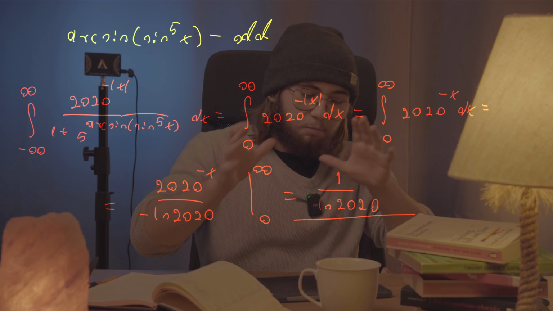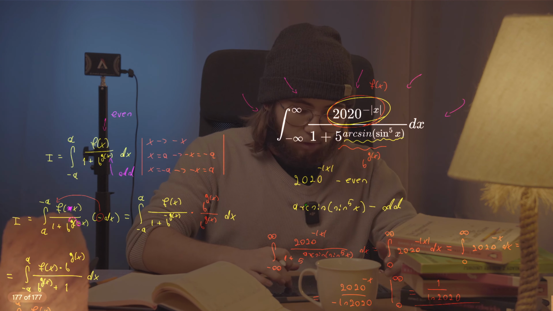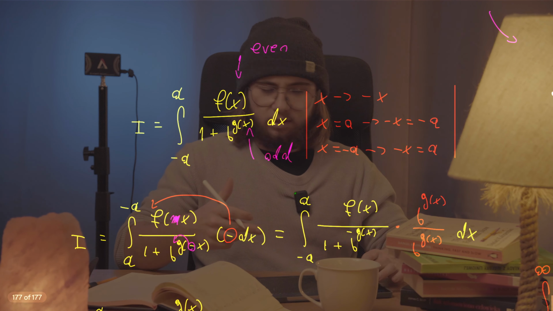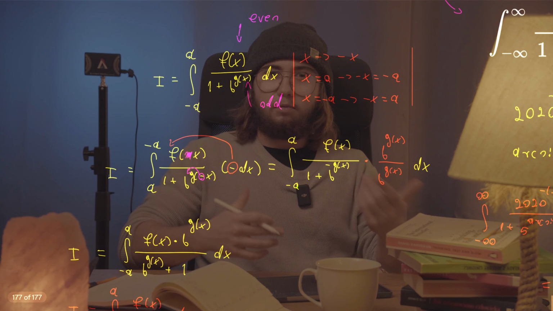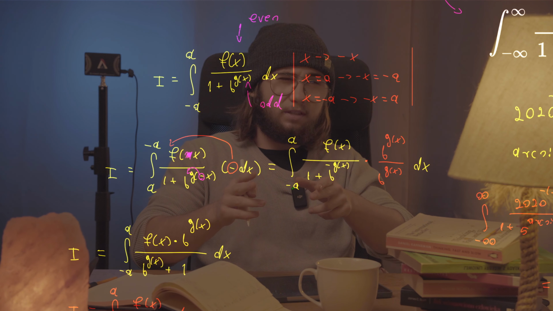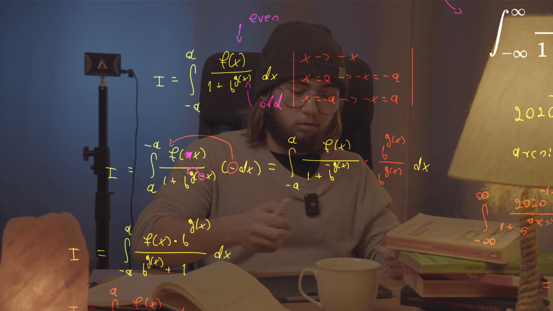So let's once again go over what we did here. We were supposed to evaluate this beast right there from the Berkeley tournament, Berkeley integration B, and then what I introduced to you was a trick which is actually called the odd-even decomposition of an integral.